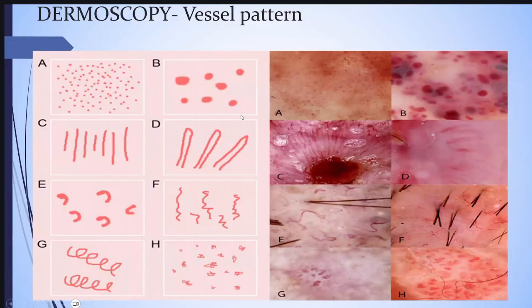And in dermoscopy, if you see, there are a lot of patterns which need to be studied. Just imagine how difficult it is for all of us, right? To have these blood vessels, these spots, dots, larger dots, all these thicker lines, hairpin bend like blood vessels, and all this serpiginous pattern, loopy pattern, and all those, right?